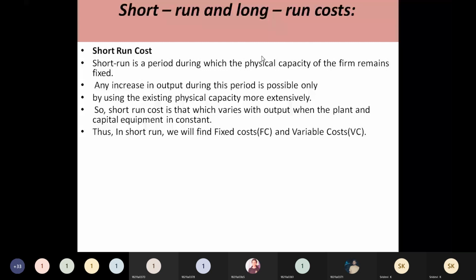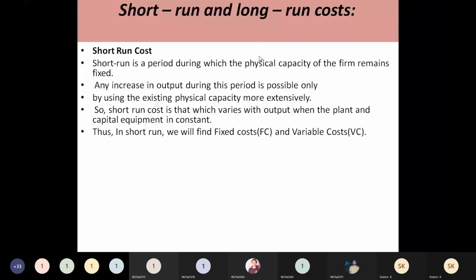Constant means they are going to be incurred even if the production is there or not. An example is rent for a building. You need to pay whether you utilize that building or not. Such costs are called fixed costs. And variable costs are there.